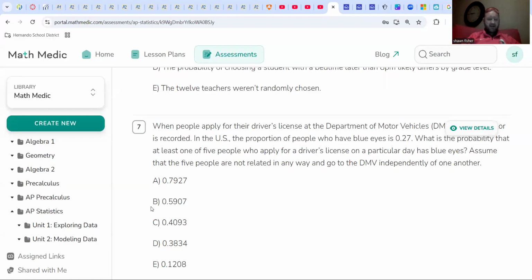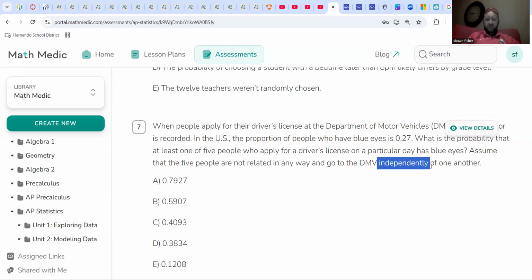Let's make sure it's a binomial. They got calculations here for us, so I'm assuming that it is a binomial, but we can go back through it. Is it binary? Is it success, failure? Well, yeah, somebody with blue eyes, 27%. So that would mean somebody who's not is 73%. Is it independent?